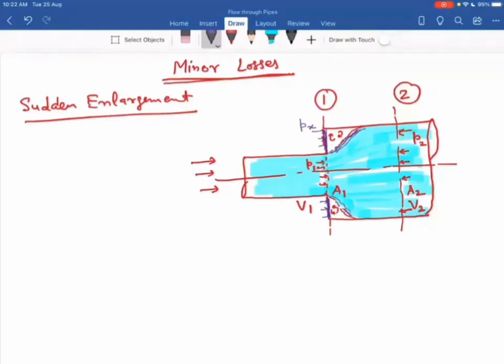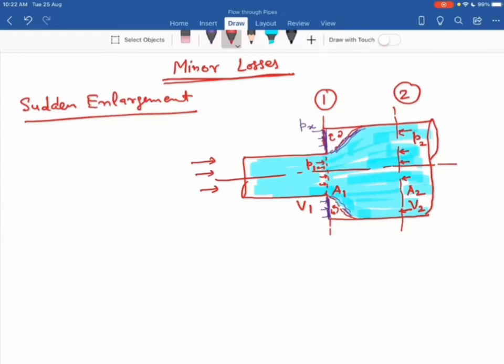So now I use here impulse momentum relation. Okay, so I apply that relation on fluid element within section 1 and section 2. So I consider here only the pressure force. Okay, so you can write it as the pressure force on element between 1 and 2 should be equal to the change in momentum. So the pressure force I write.